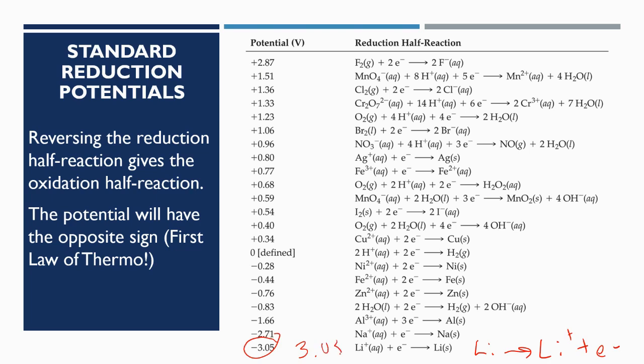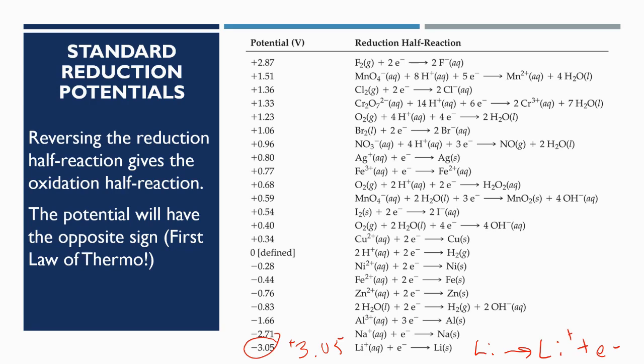It will now be a positive 3.05 volts because lithium metal very easily spontaneously loses an electron. And so when we flip all of these reduction half reactions to make them oxidation half reactions, we simply flip the signs of all the potential energies, and that allows us to figure out what the oxidation potential is for any reaction.